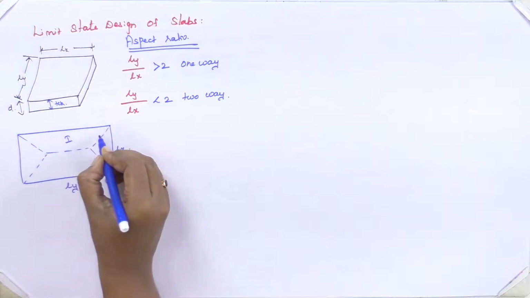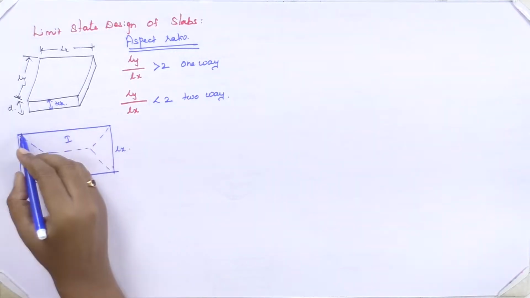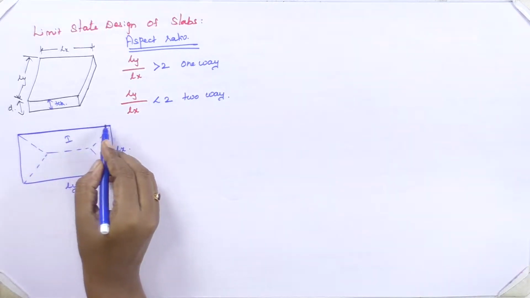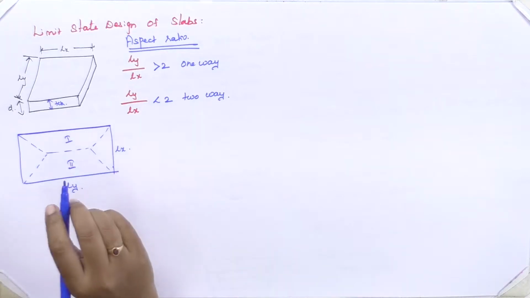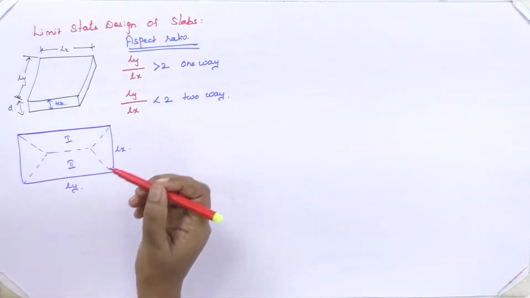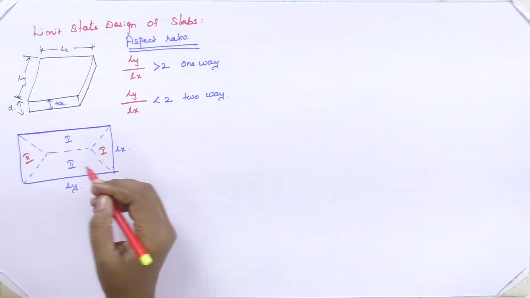The load carrying pattern for this slab, for this Ly by Lx ratio, is like so. This is a trapezoidal one. This area of load is transferred to this beam at the boundary. This area of trapezoidal load is transferred to this boundary. Again, for this end, this is triangle 1 and this is triangle 2.